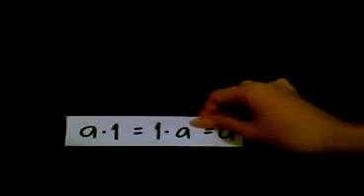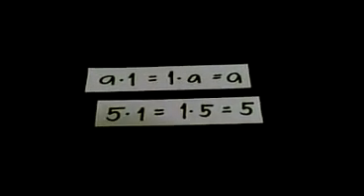So 0 is the identity element of addition. Next, A times 1 is equal to 1 times A, so it would be A. Example, 5 times 1 is equal to 1 times 5, which is equal to 5. So therefore, 1 is the identity element for multiplication.